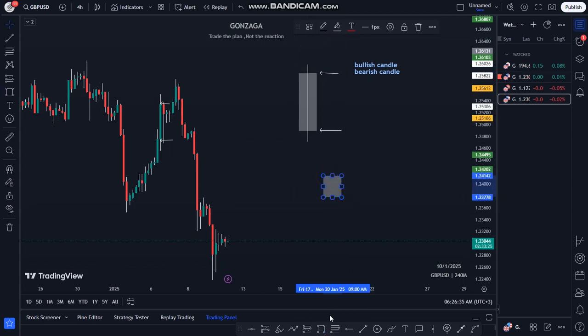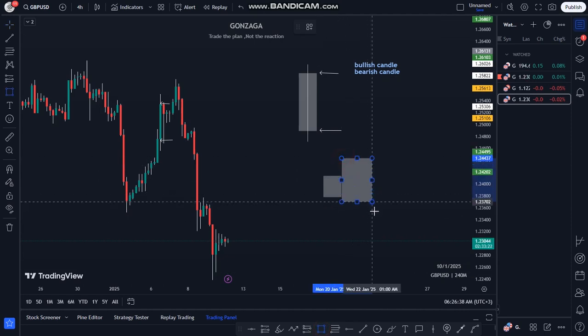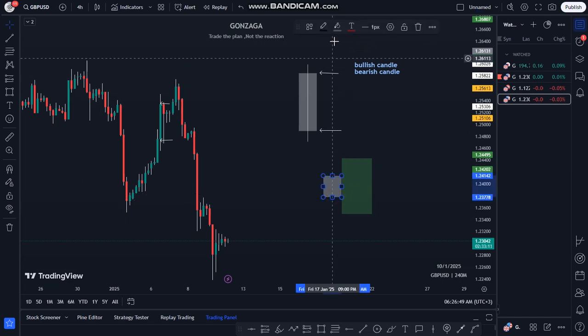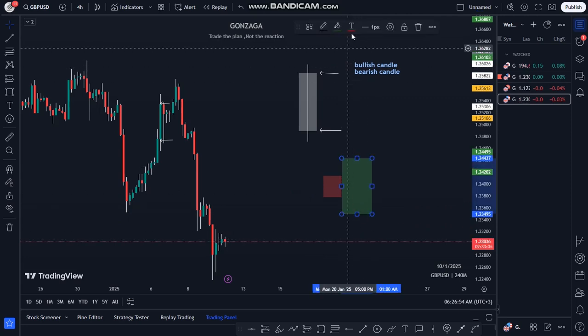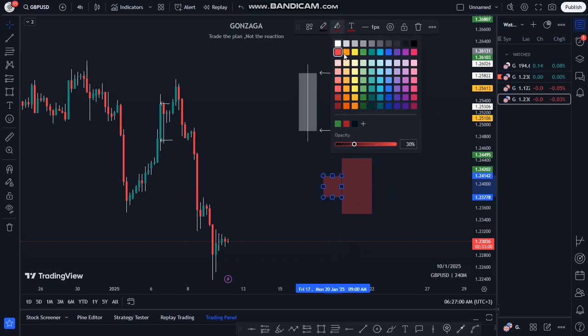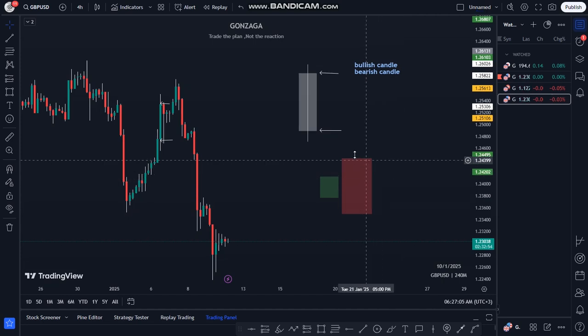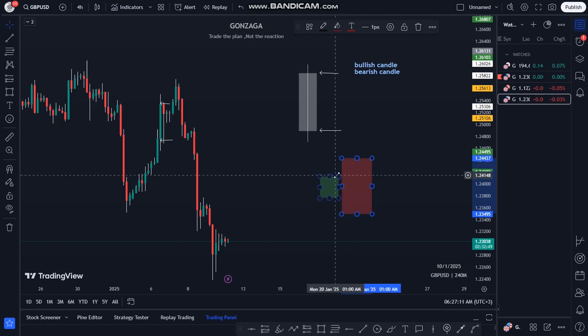Let me say this is a simple box. If it's covered by this, meaning this green box has covered over this red box, right? Or let me just make this red, meaning this red box has covered over this green box, right? So if I use the Forex language, this red box has engulfed this green box.